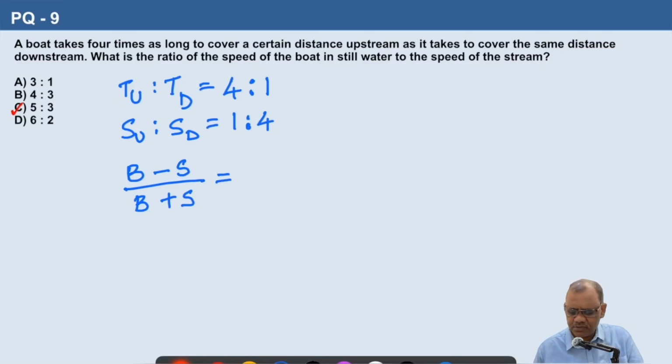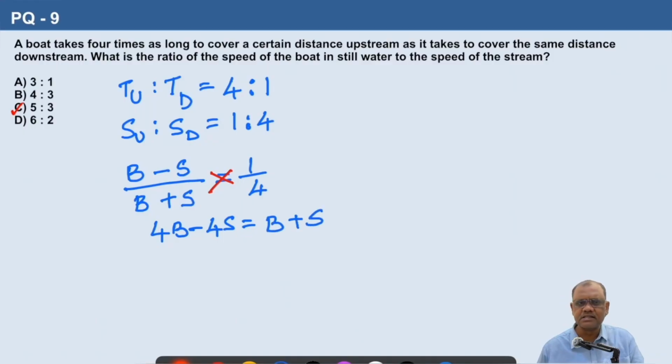So that is equal to 1 is to 4, which can be written as 1 by 4. We'll simplify this and find the ratio. By cross multiplication, what do you get? 4B minus 4S is equal to 1B, that is B, plus 1S, that is S. On simplification, 4B minus B is equal to S plus 4S.